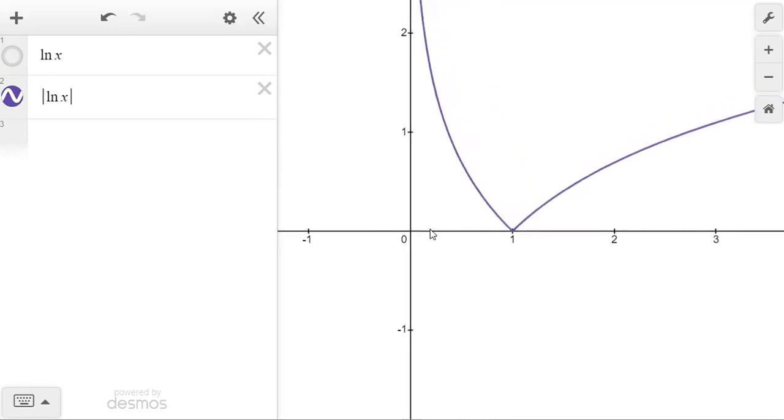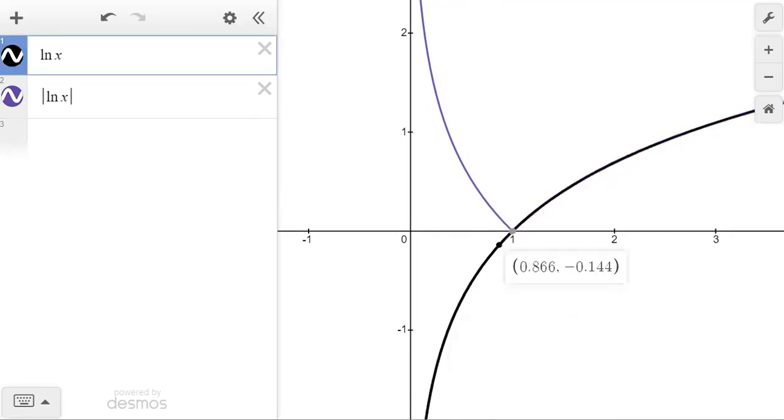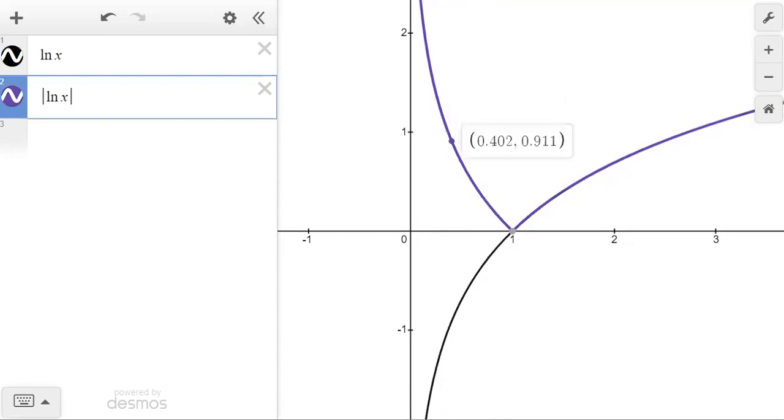See, the negative part of log x is flipped by mod. This is the function of log x and log of mod x. This is a very important graph that you have to remember always: mod log x.